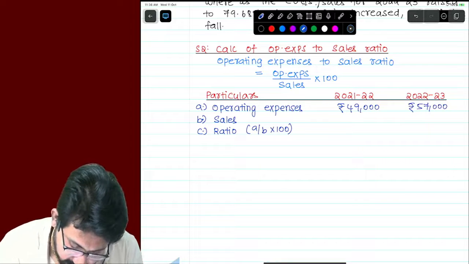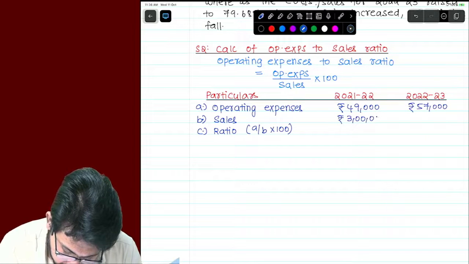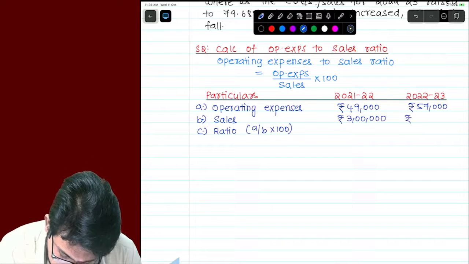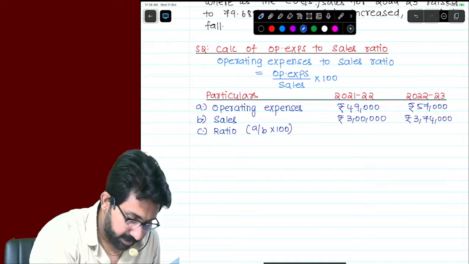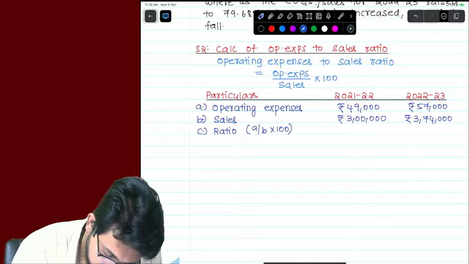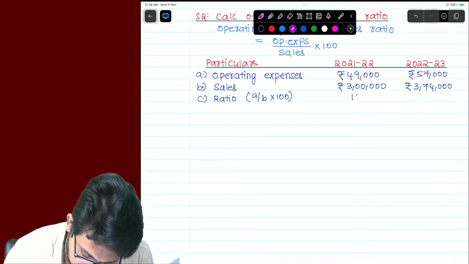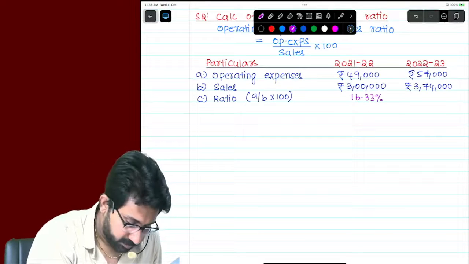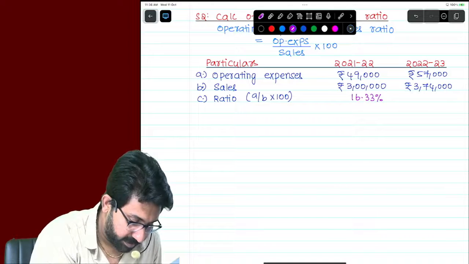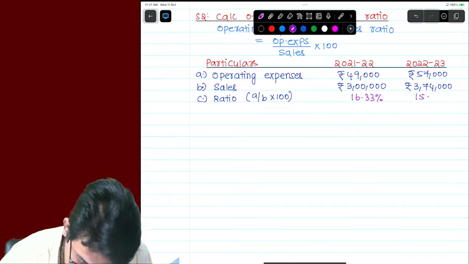On a sale of how much? 49,000 divided by 3 lakh is 16.33. Next, 57,000 divided by 3,74,000 is 15.24.